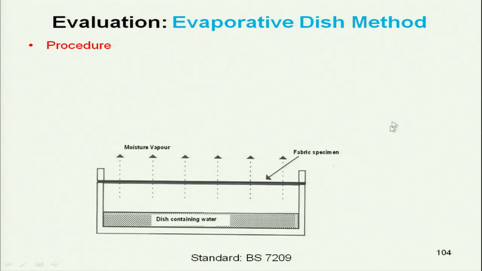In the evaporative disc method, the cup is partially filled with water and covered with the fabric specimen, and it is kept in a standard environment. Vapor is transmitted through the fabric. The mass of the total assembly is tested initially, and after a certain time, say after one day, we test again.